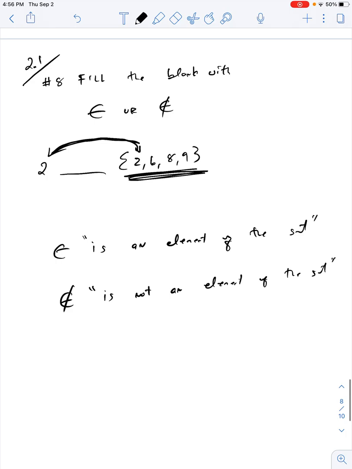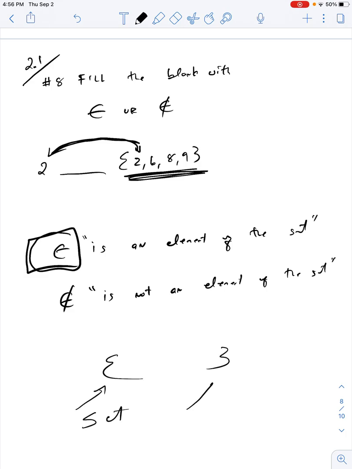So we would use this notation because 2 is an element of the set. Anything inside, right? These braces, once again, mean set. Whatever is inside is an element. All right, so that is number 8.